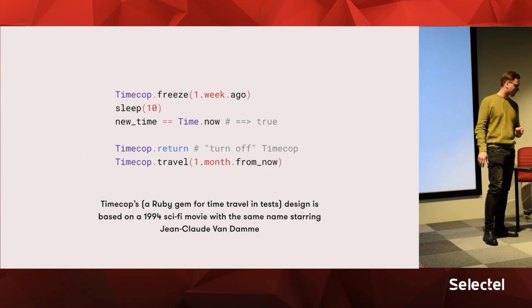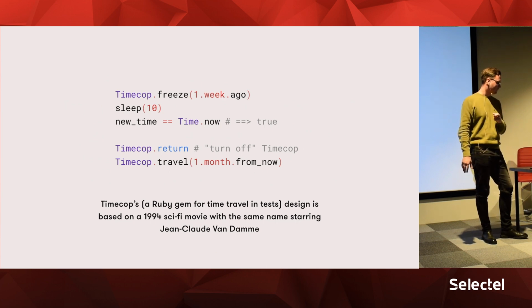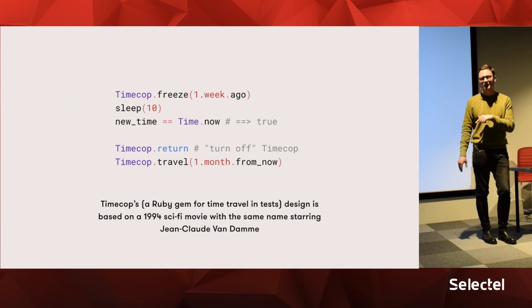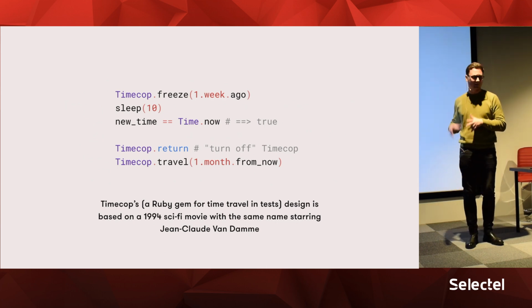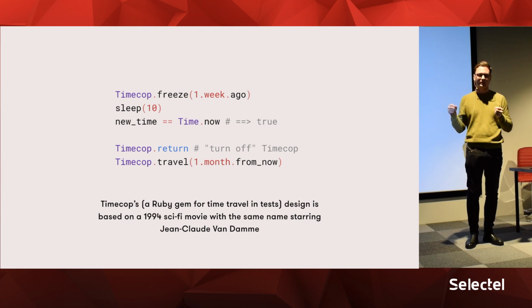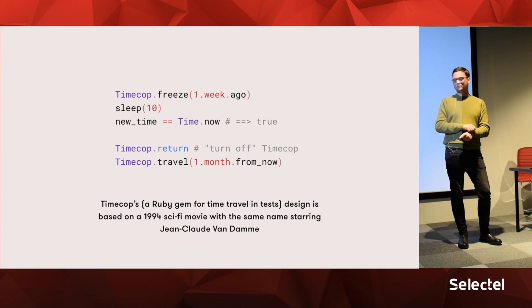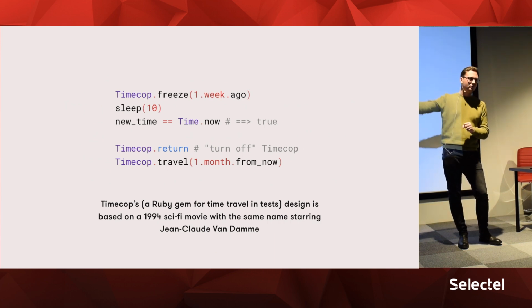And then finally, this is one of the most interesting libraries probably. So this is a RubyGem, and it's called TimeCop. And what it does is it allows you to control the time in tests. So let's say you want to freeze the time or just travel into the future.